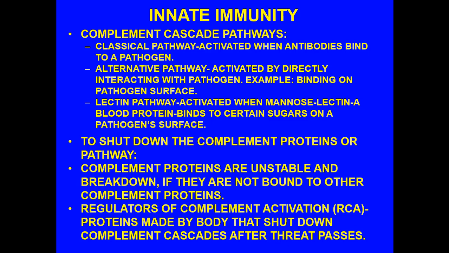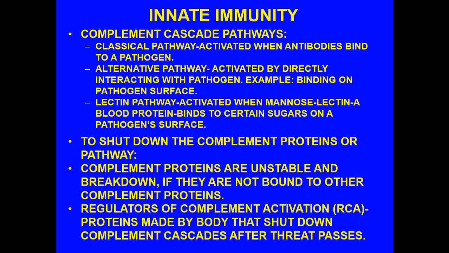The third way is called the lectin pathway. This is activated when a mannose lectin, which happens to be a blood protein, binds to certain sugars on the pathogen surface. So if the pathogen has mannose, which is a type of sugar, on its outer surface, and the lectin binds onto it, it's like, gotcha!